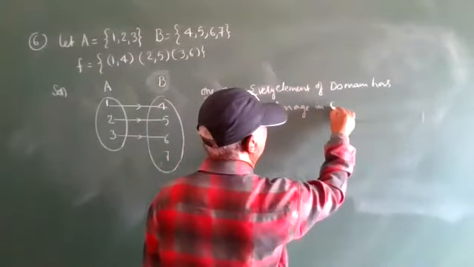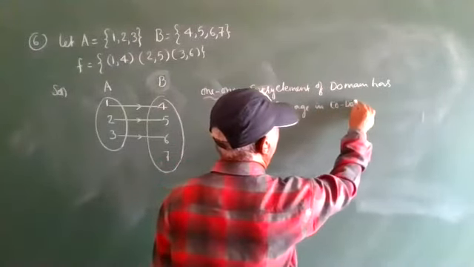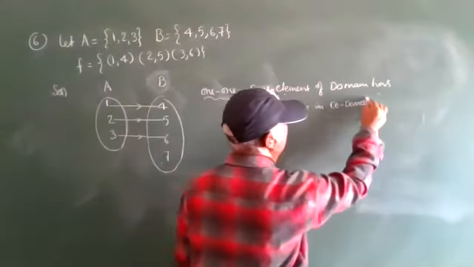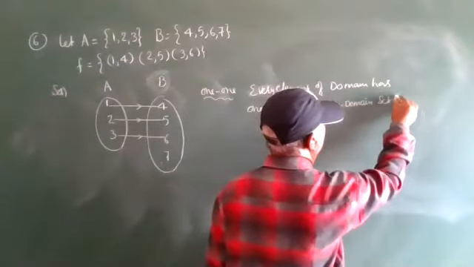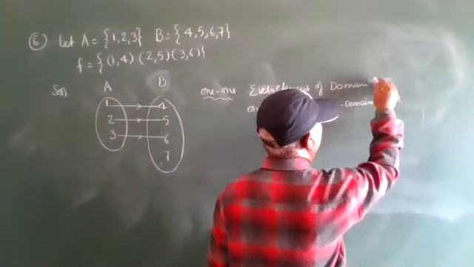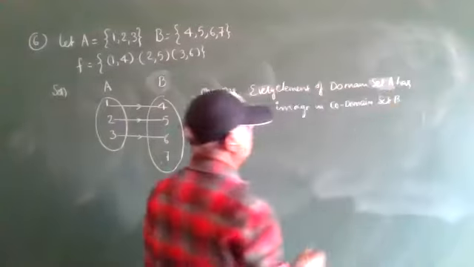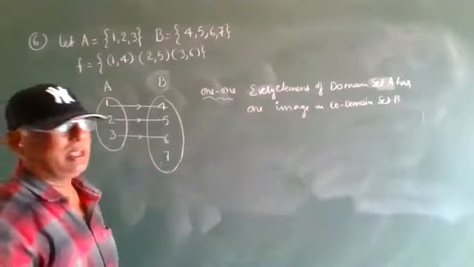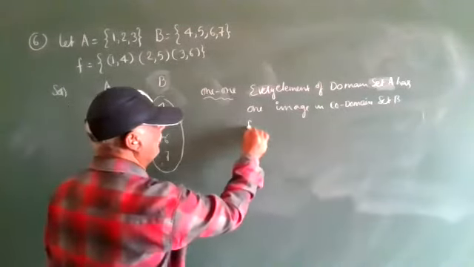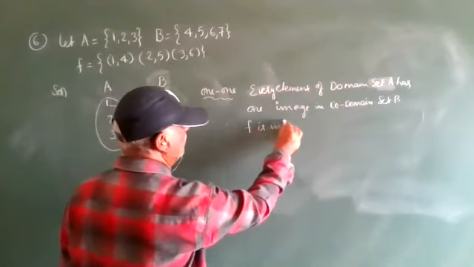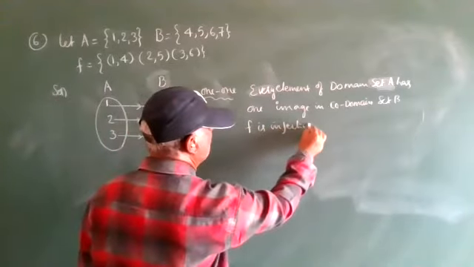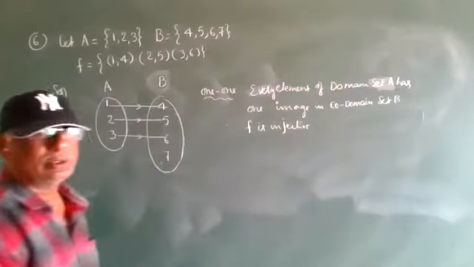In codomain set B, every element of domain set A has one image. Therefore, f is injective.